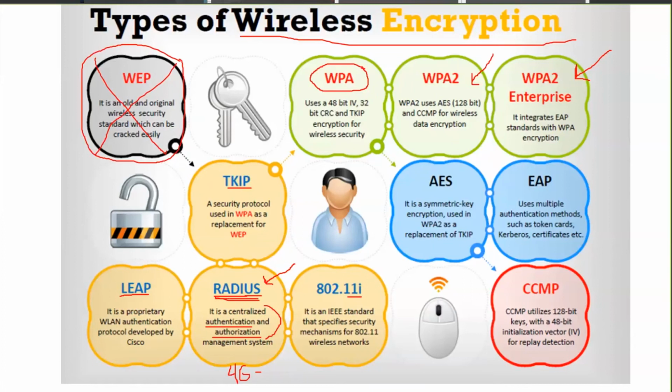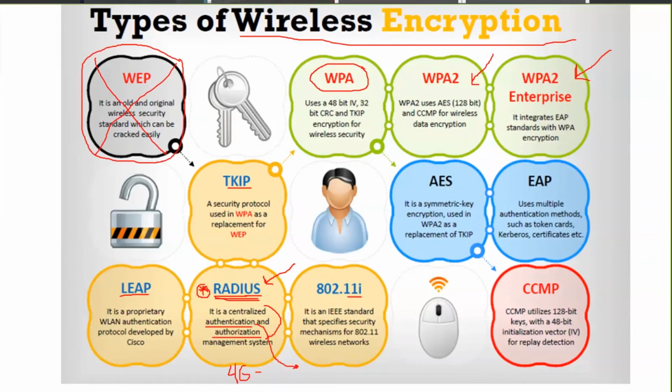But radius protocol is very, very similar in that it gives centralized authentication and authorization. So radius is very widely used in modern day networks because of that. That authentication typically will go back to some sort of governing body like an Active Directory server to see if somebody should be allowed onto the wireless network.